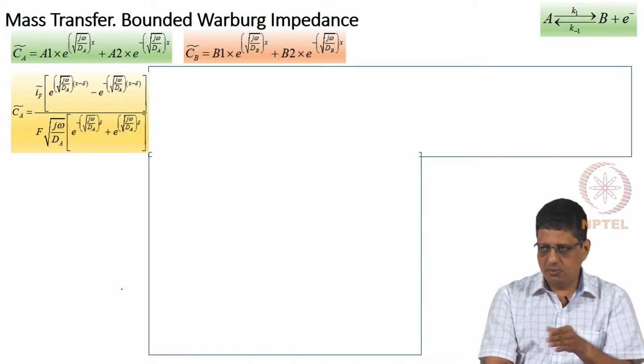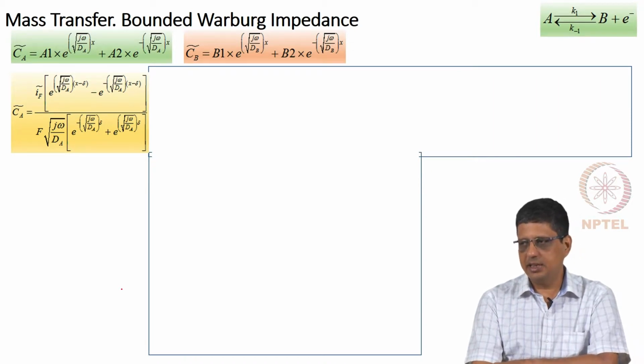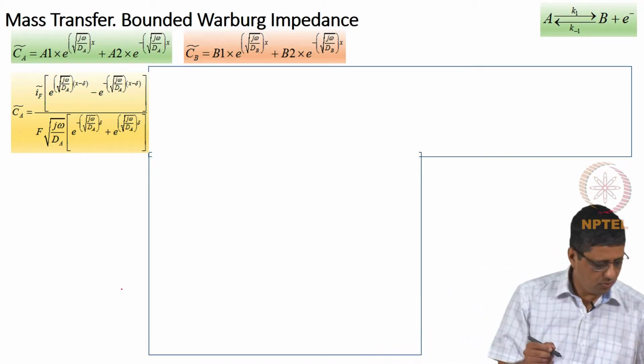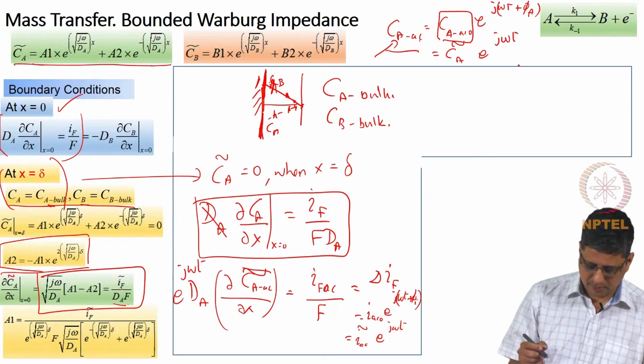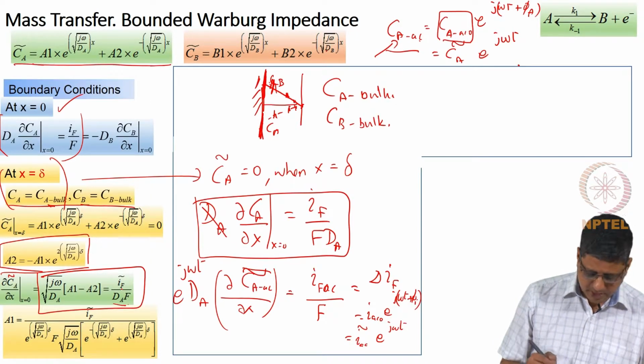So, I have skipped one or two minor rearrangements here, maybe I should not. What is the value of A1? IF tilde by, okay.